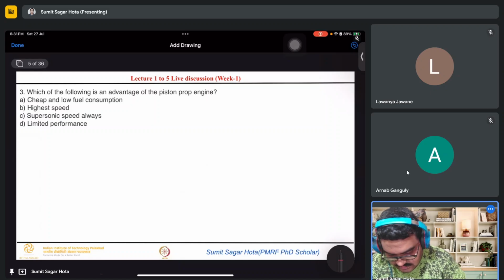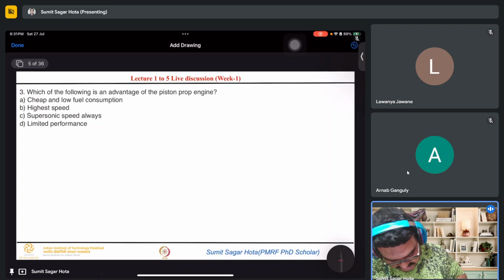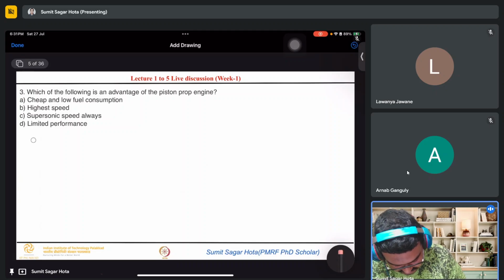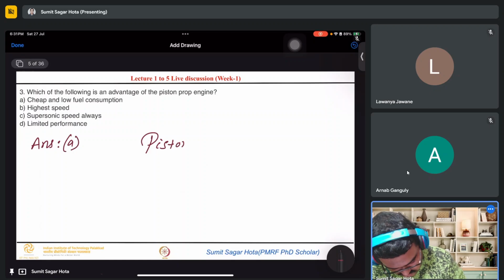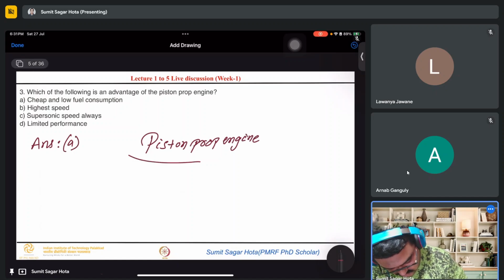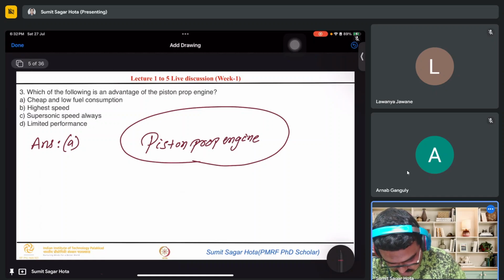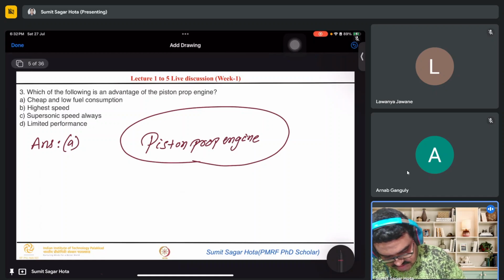The next question: which of the following is an advantage of the piston prop engine? Piston prop engines are very old engines, widely used during the early era.